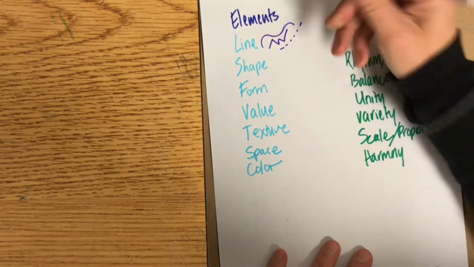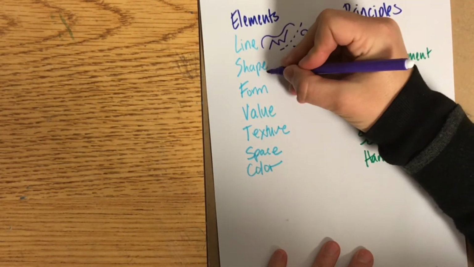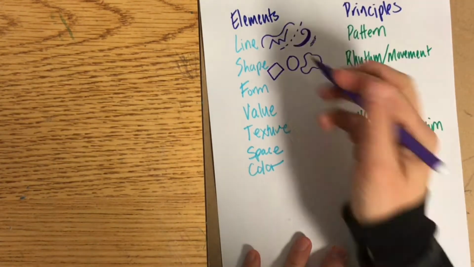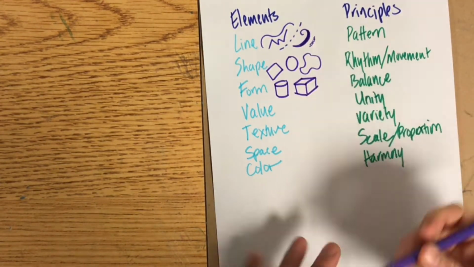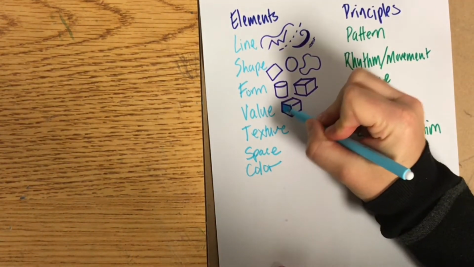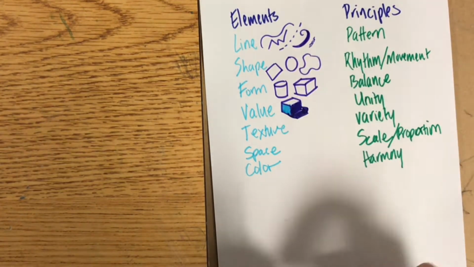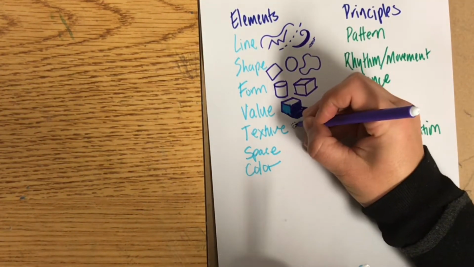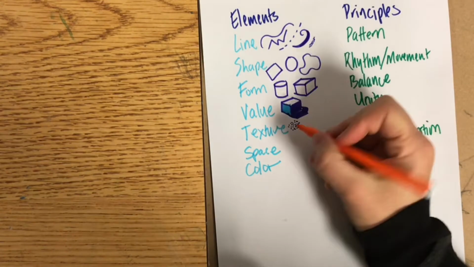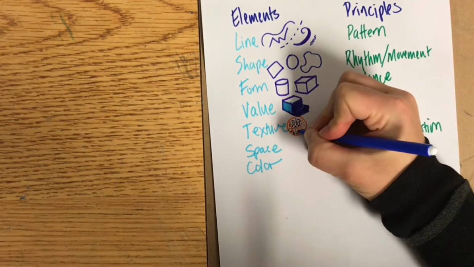So remember, line, you can make it curved, zigzagged, you can kind of make it segmented. You can thicken a line and make it texture. Remember, there's organic and geometric shapes. Form has height, width, and depth, and when you are using value, you can use color with value. So it could be the lightness or darkness of a color.